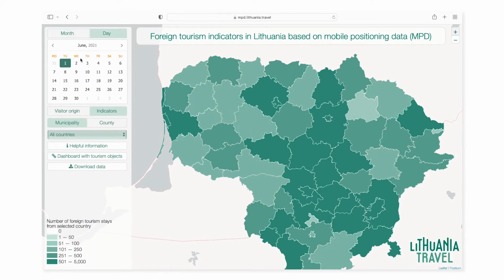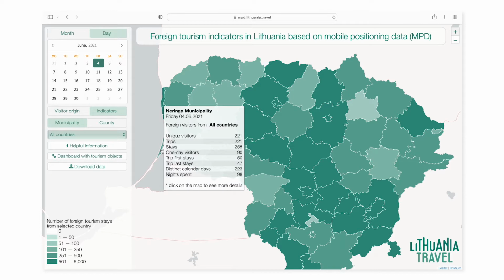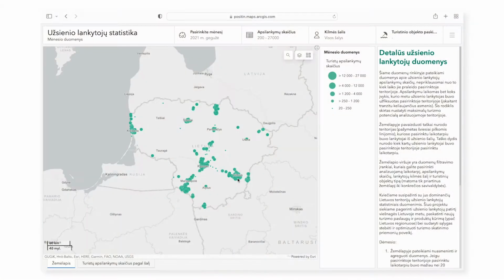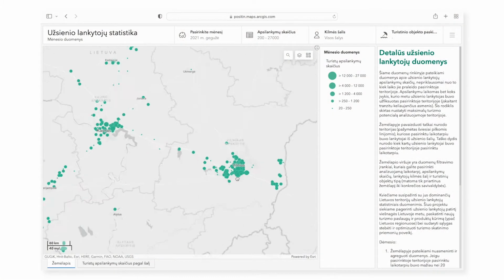Then the second layer is daily statistics, which is mostly oriented to the companies, to the event organizers or festivals or celebration organizers who need the specific data on the daily tourist flows. They can see more accurate data and who did they attract and how many people did they attract to this certain event.